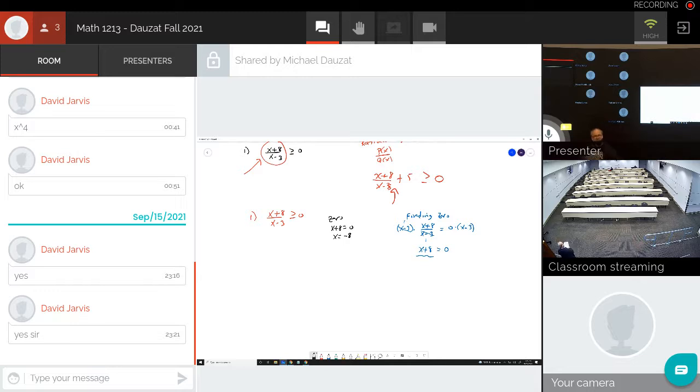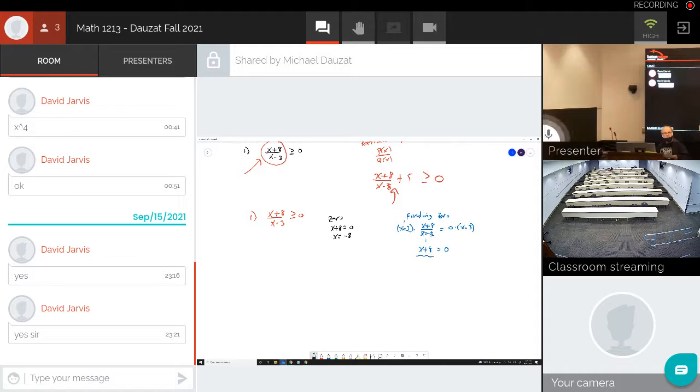So you've got to find out next, where is this rational expression undefined? Well, remember, a rational expression is undefined when the denominator is 0.